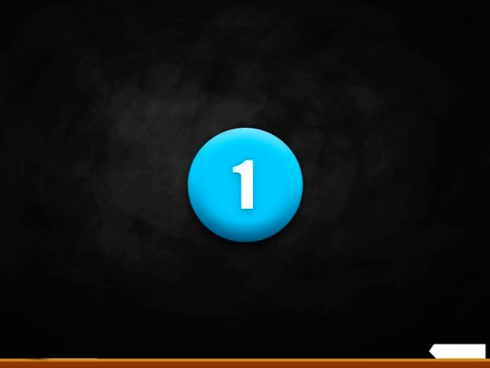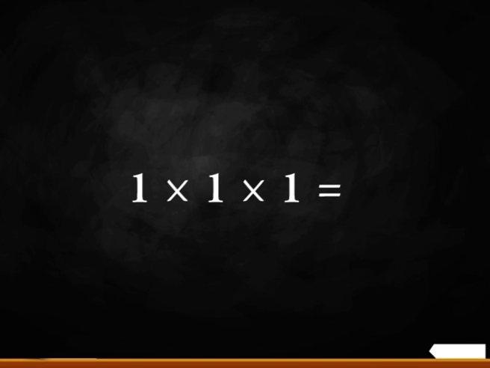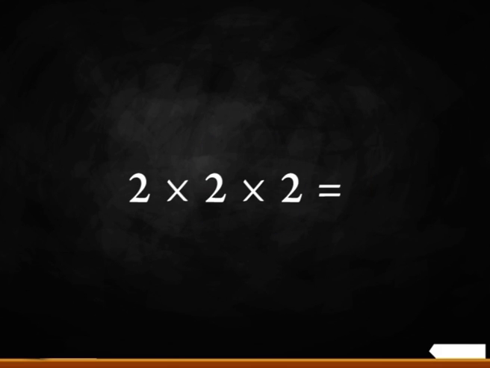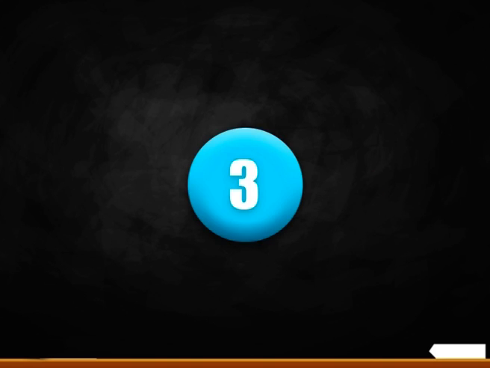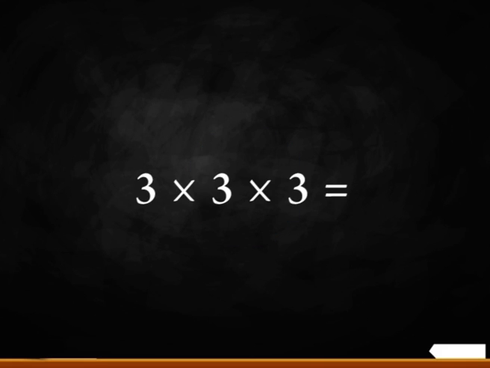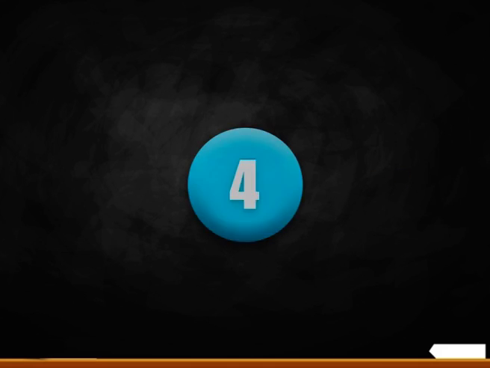Let us begin with 1. 1 multiplied by itself 3 times gives 1. 2 multiplied by itself 3 times gives 8. 3 when multiplied by itself 3 times gives 27. And what about 4?